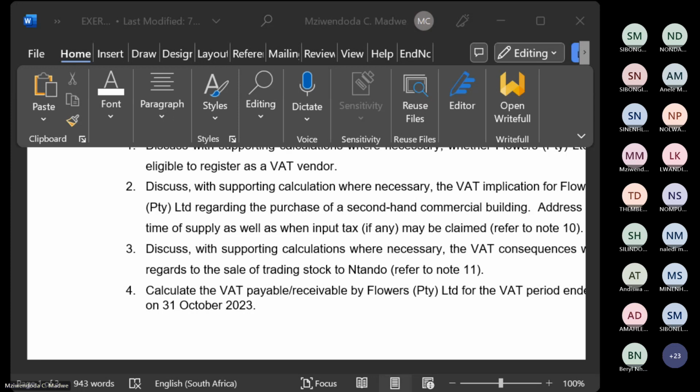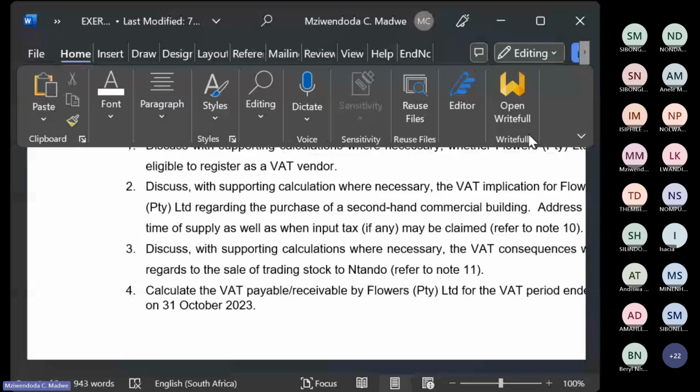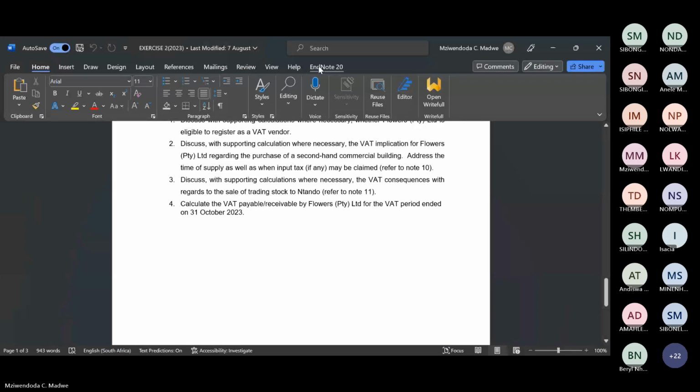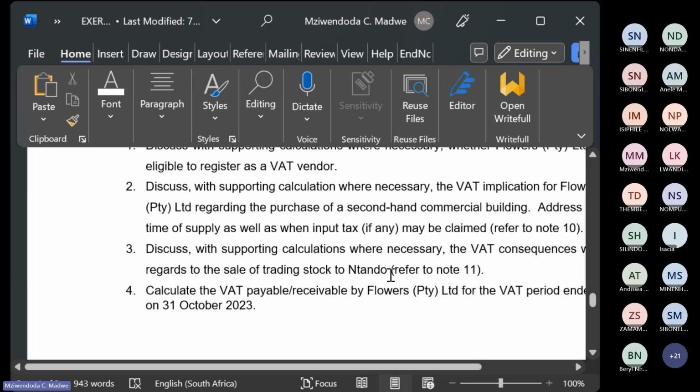Okay, so let's go to requirement number 3 first of all. Discuss, with supporting calculation where necessary, the VAT implication with regard to sales of trading stock made to, I think that is Nogwanda, not Ntando. I think that's a mistake.